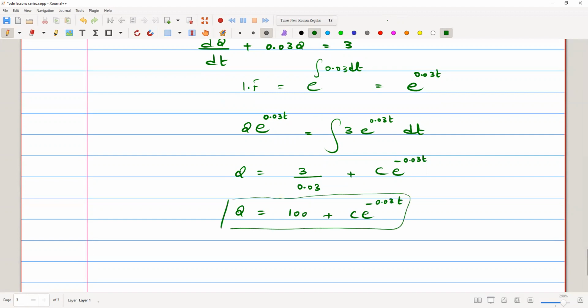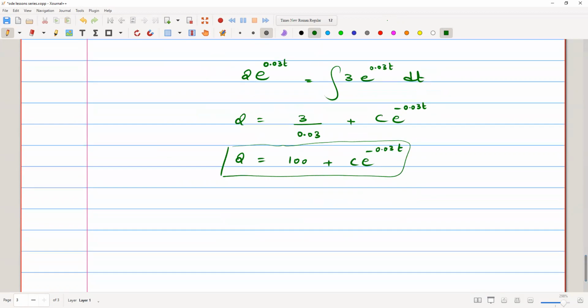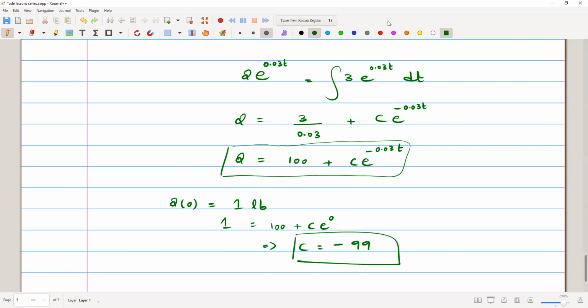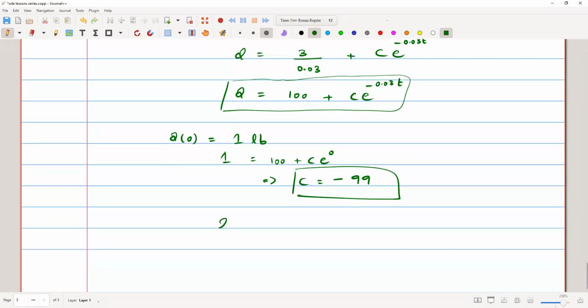Now we can apply the initial condition to find the c. So the initial amount of the salt at time 0 is given as 1 pound. So 1 equals 100 plus c e to the power 0, which implies that c equals negative 99, and plug in this value here.